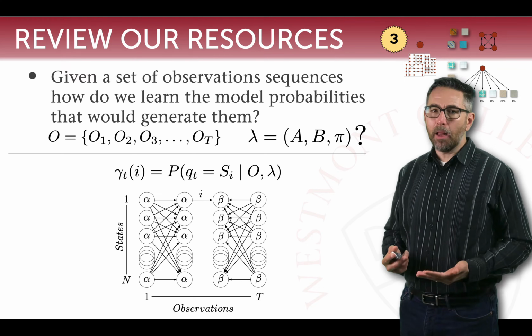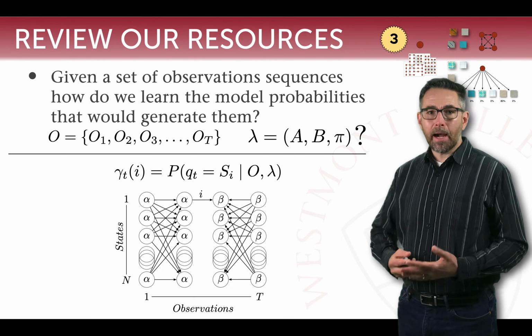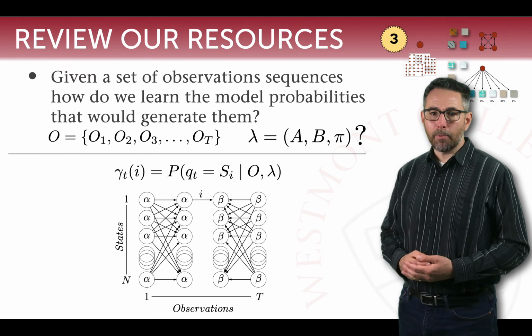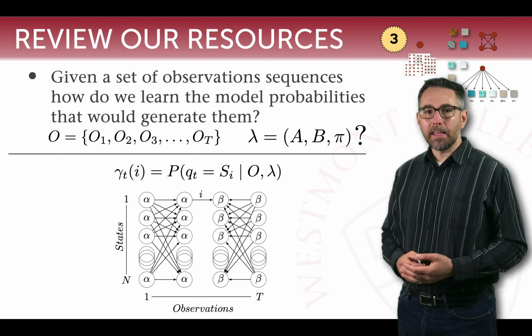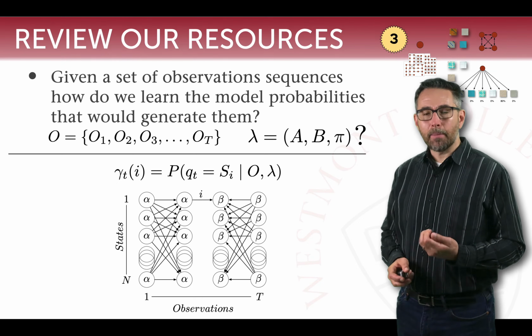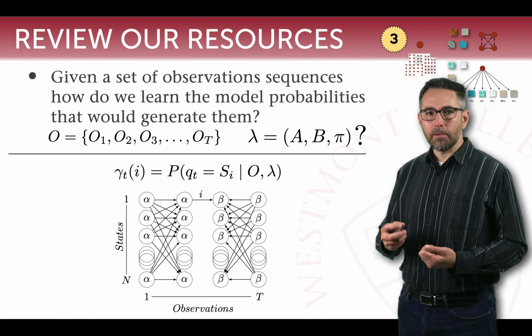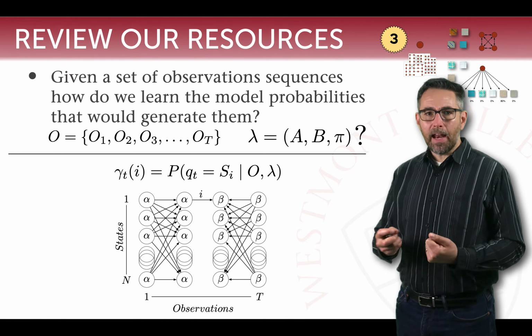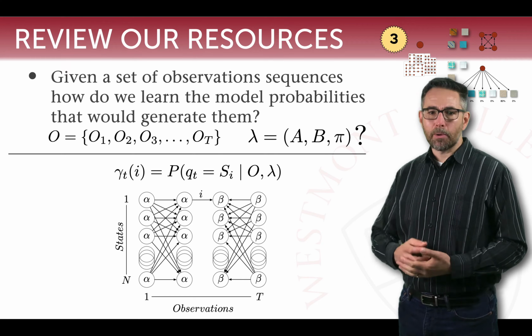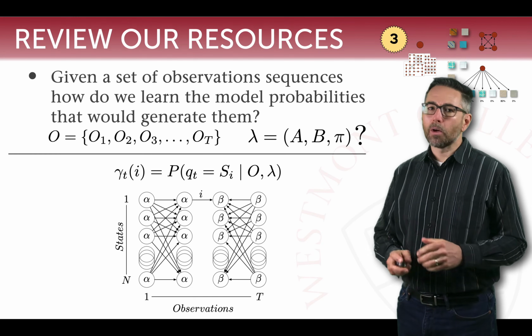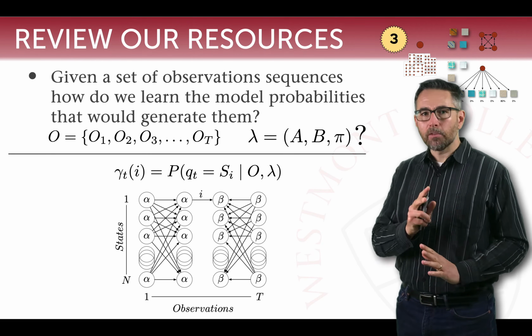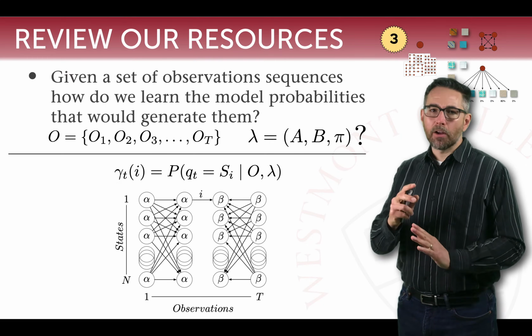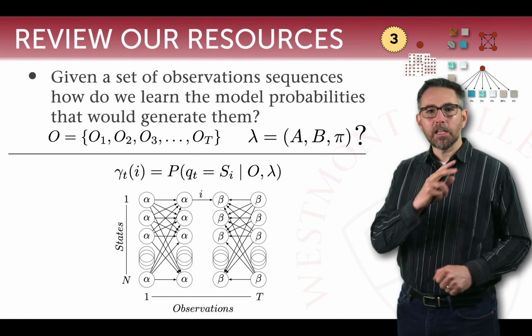We were able to develop the answer to the gamma parameter by using the answers to the alpha and the beta parameters, because we're able to take the alpha parameter for a particular time and state and multiply it times the beta parameter for a particular time and state. And then after normalizing it, that gives us the probability of being in one state, regardless of all the possible ways we could have gotten there, and regardless of all the possible ways that we could continue going afterwards.